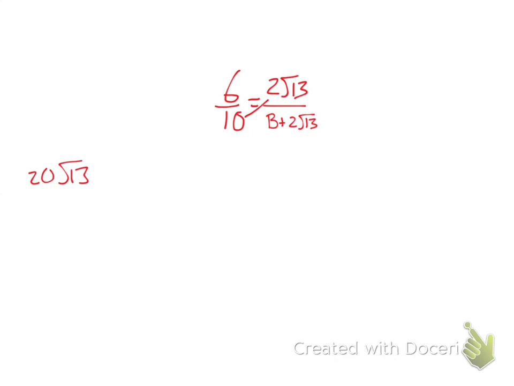Guys, don't make this harder than it needs to be. Don't multiply the 10 inside with the square root of 13 because you can't unless you change it. I'm not even going to mess with it right now. I am going to leave it in the form where I have to work with it here.